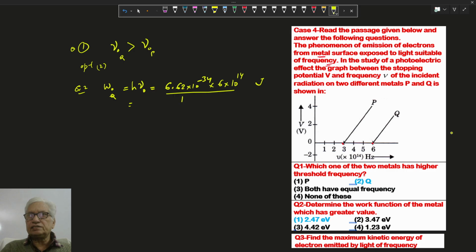We divide it by 1.6 into 10 to the power minus 19, and it will be in electron volt. After solving, the work function of Q in electron volt comes to 2.475, or 2.47 nearest. So option 1 is correct.